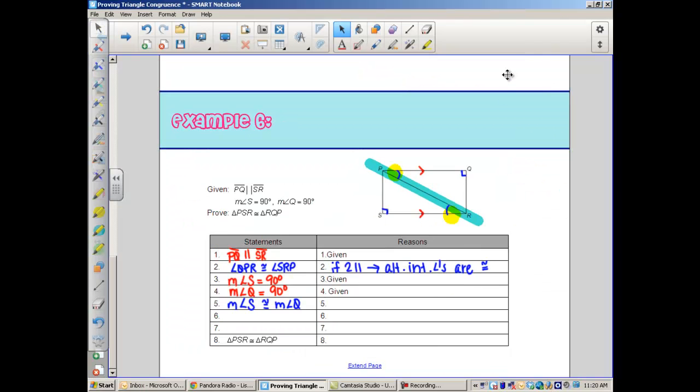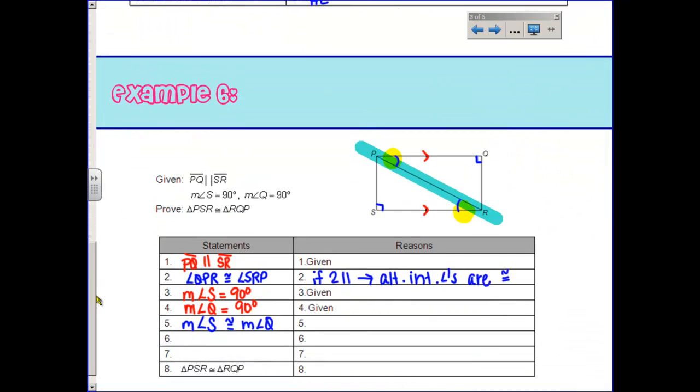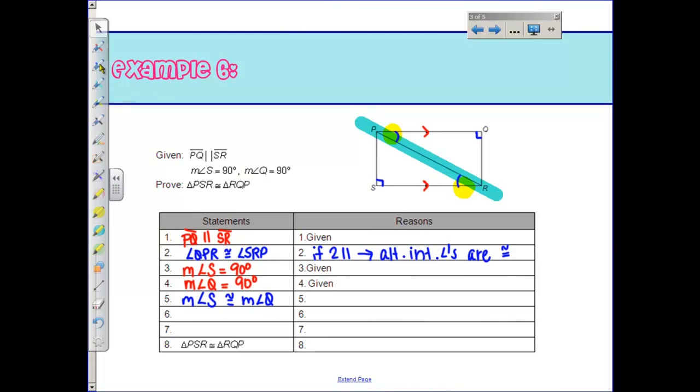But why? Why are those congruent? And ladies and gentlemen, it's your original favorite property, where if you cut out that middleman, it's the transitive property of congruence. And since the measures are congruent, that does imply that the angles are congruent.